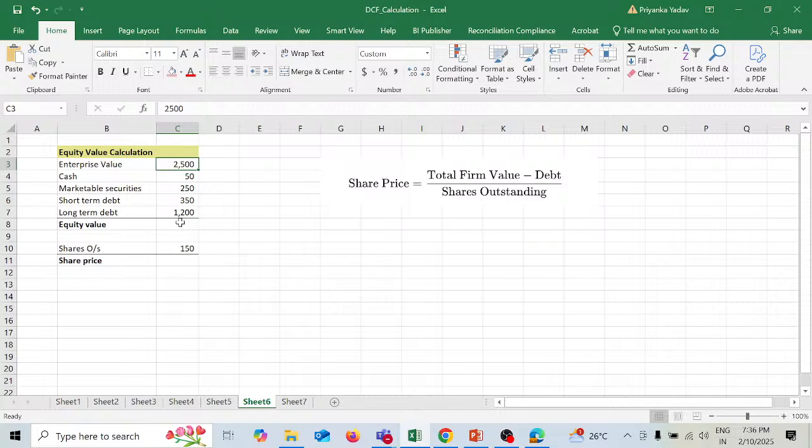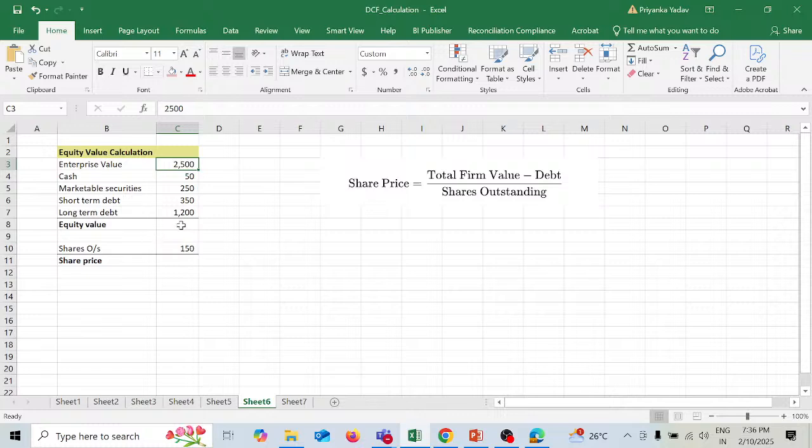With the help of that we will calculate share price. So the formula to calculate implied share price here, total firm value minus debt divided by the total outstanding shares. So here we are assuming, let's suppose 150 shares are floating in the market. These are outstanding shares.